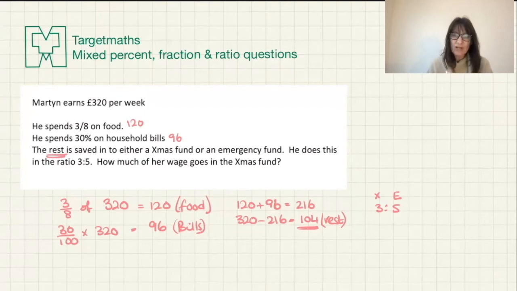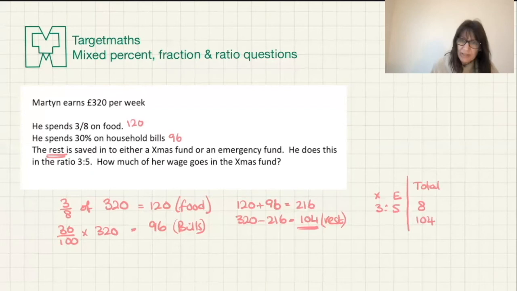So how much of the 104 is going to be in the Christmas column? So I've got a total of 104. So I need the invisible column with 104 in it. Before I write my 104, I'm going to put the total of this row. So the total of the ratio is 8.